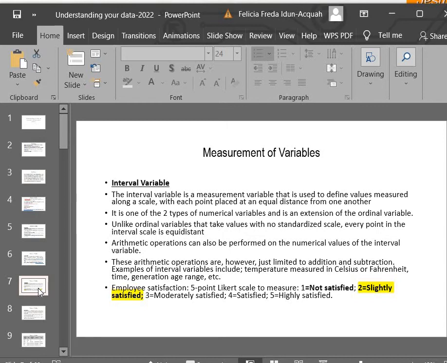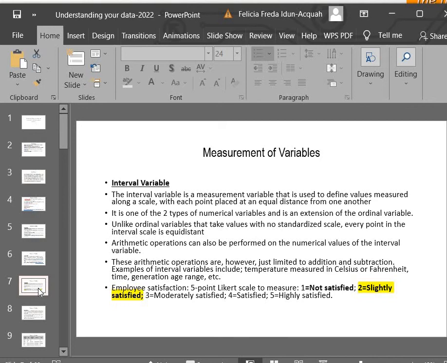One thing we have to understand is that for interval variables, absolute zero is not a natural zero. In other words, when one scores zero on an interval variable, it does not mean the absence of it. For instance, if you measure the temperature of a room and you have 0 degrees Celsius or Fahrenheit, does it mean that there is no temperature in the room?